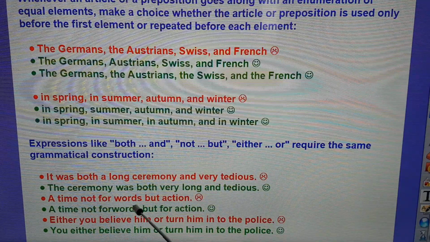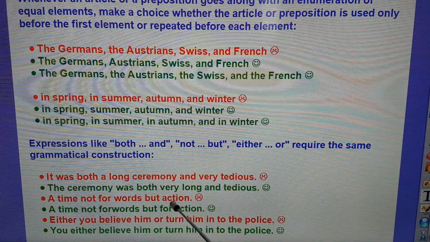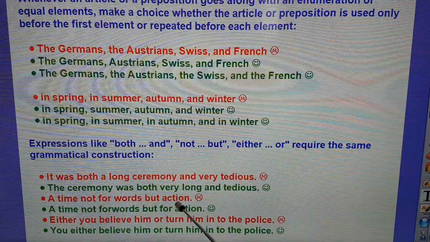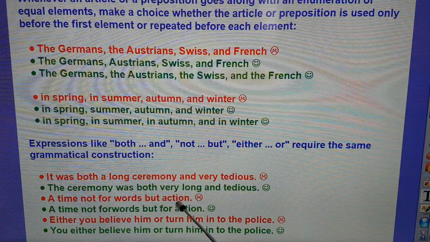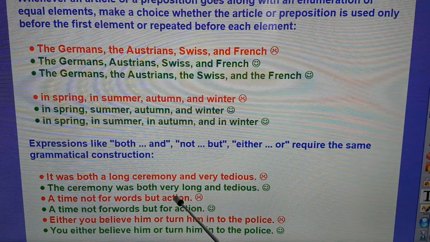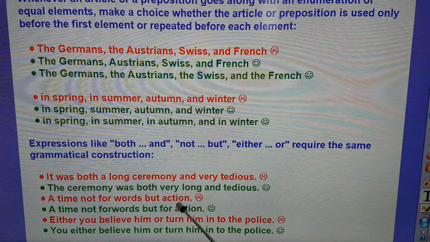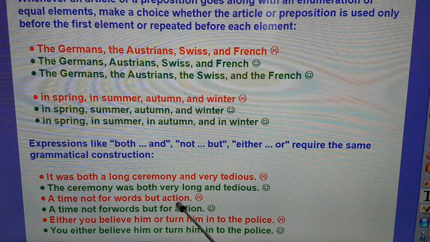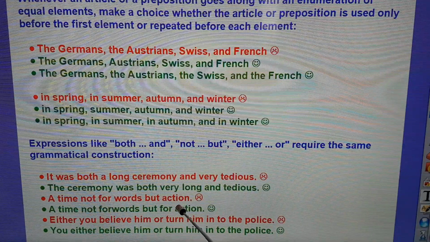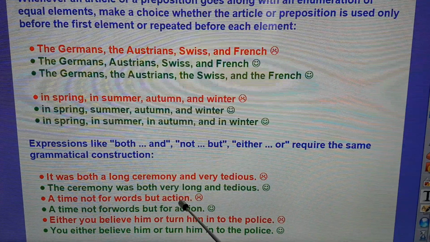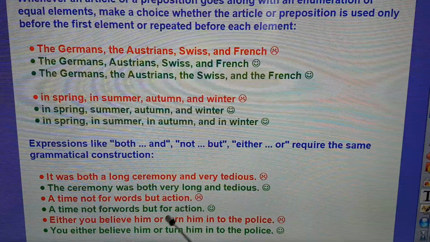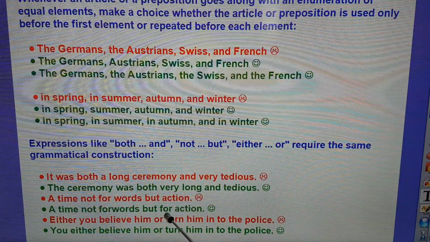This is bad style. A time not for words but action. No good style. May sound great to you, and you may think nothing to object to. Oh yes, there is something to object to. Small, but here.